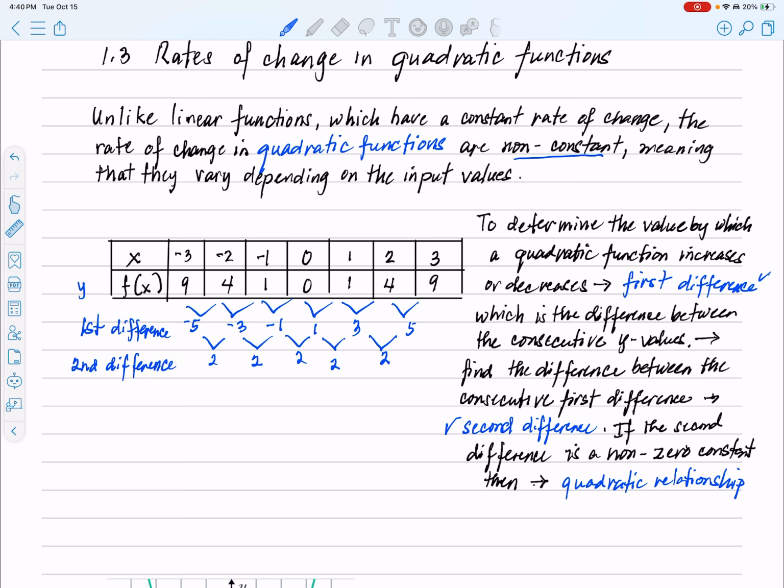By looking at the values, these values are increasing by 2 each time.